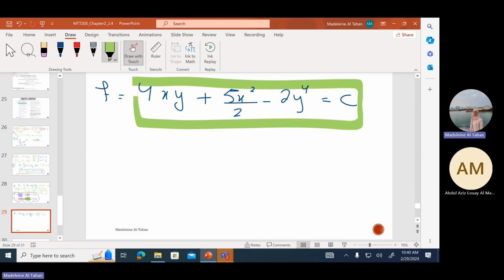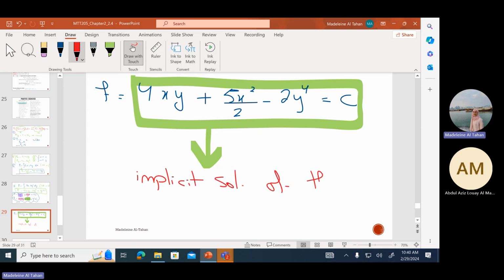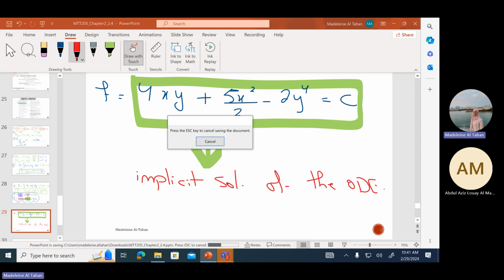Constant. And this one is our implicit solution of our ODE. Do you need explicit? No. Explicit here is very difficult.